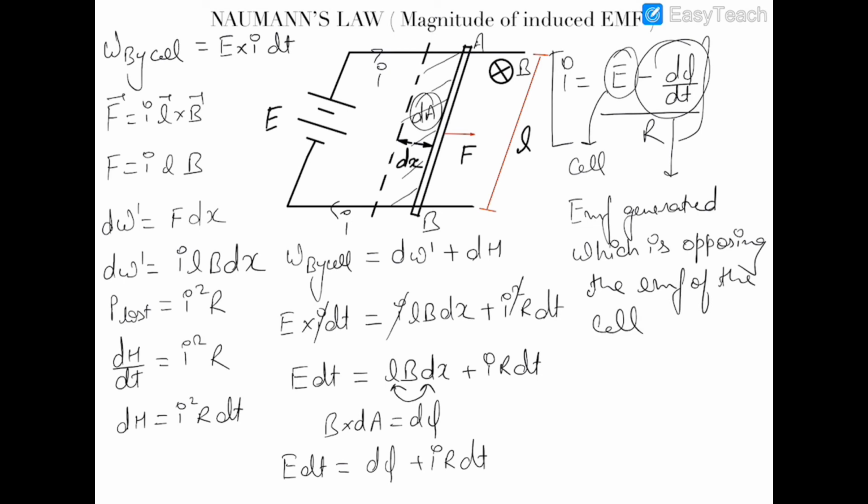You can see that this negative sign shows that this EMF is opposing the EMF of the cell. So if this EMF is E, then it is equal to minus dΦ/dt.